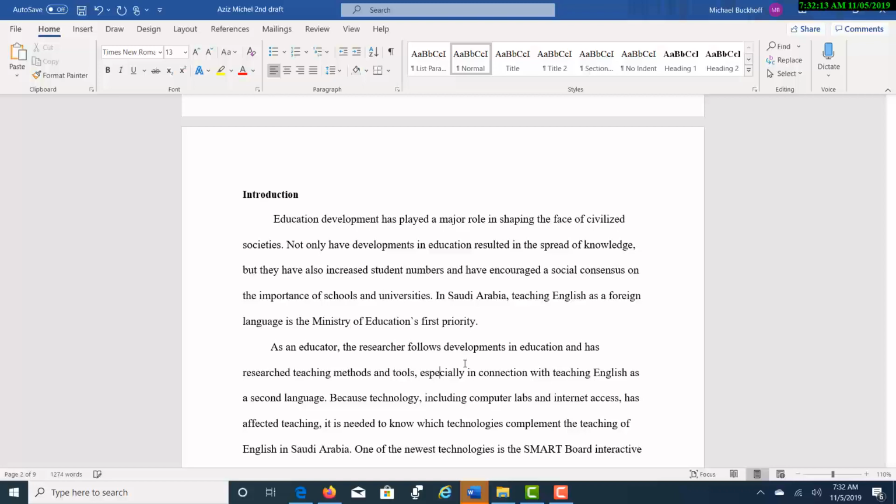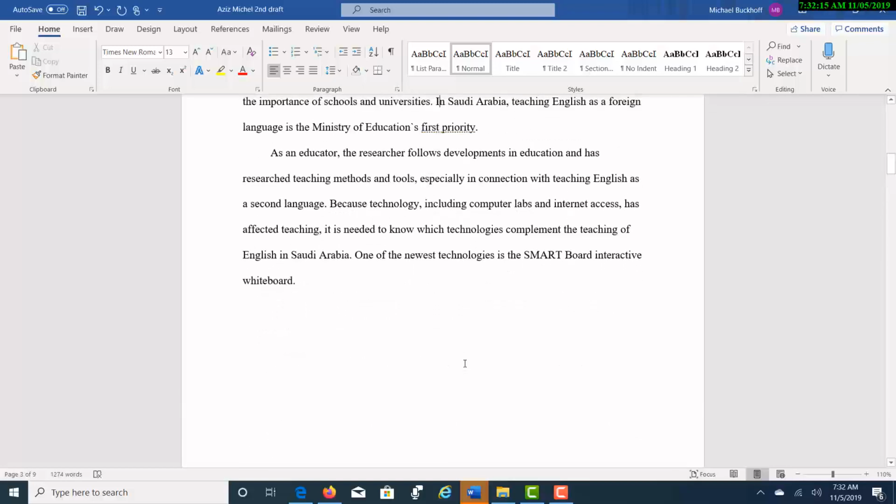I think present is going to work better here, not past. Developments in education and has researched teaching methods and tools, especially in connection with teaching English as a second language. Because technology, including computer labs and internet access, has affected teaching, it is needed to know which technologies complement the teaching of English in Saudi Arabia. One of the newest technologies is a smartboard, interactive whiteboard. Okay?